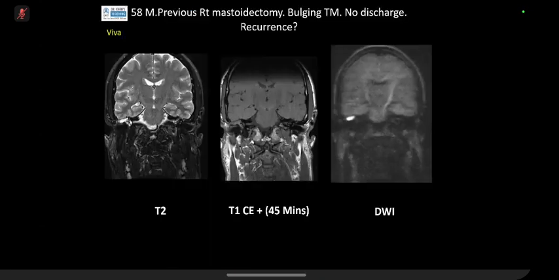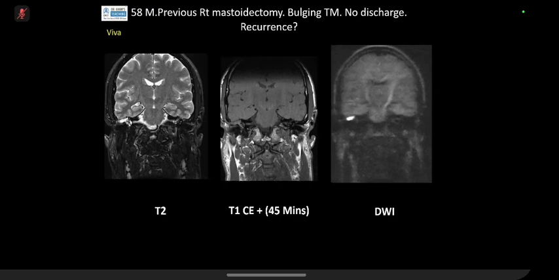The key thing is that in post-op cases, the opacity on CT scan will always be opaque, just like in our case. It's a surgical cavity. There is a concept of radical mastoidectomy where they might have removed everything. So you cannot differentiate because three things can be there.